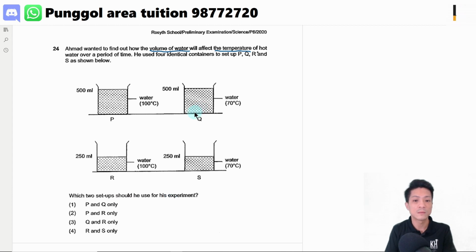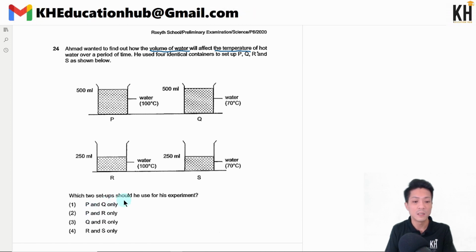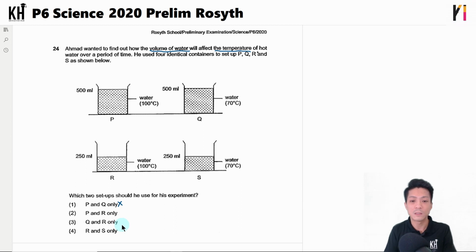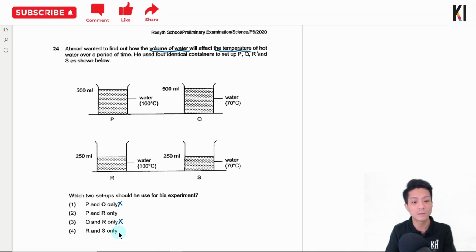We should be using an experiment where the changed variable is the volume of water. P and Q doesn't show a change in the volume of water. P and R, maybe. Q and R, no, there's no change in volume. R and S.